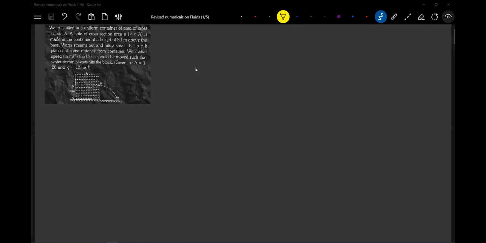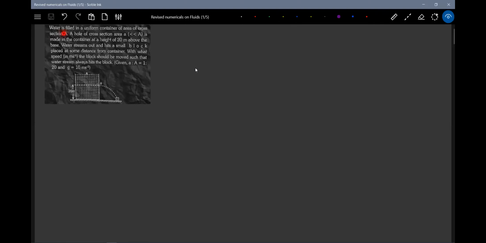Okay, the question. A liquid is filled up in a uniform container of area of cross-section A. I think better you read it. I'll construct the diagram.